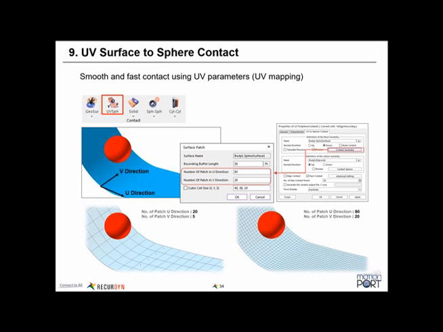In this case, even though there's a curve to this surface, as the ball rolls down it, we really want uniform discretization of the contact patches through the extent of the surface. This UV control makes it very convenient to set it up like that. So that's our UV surface to sphere contact.